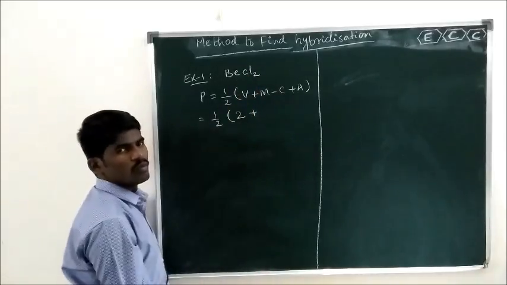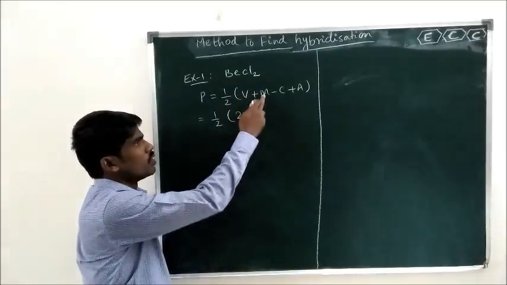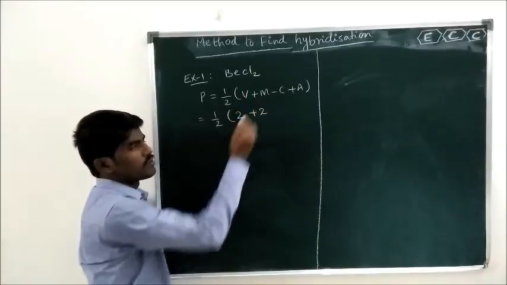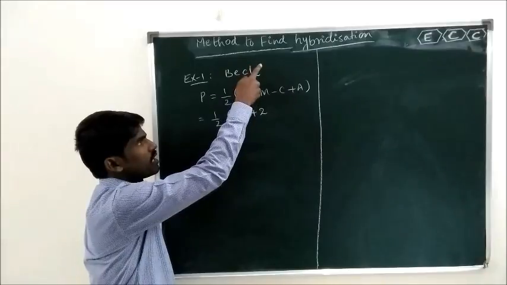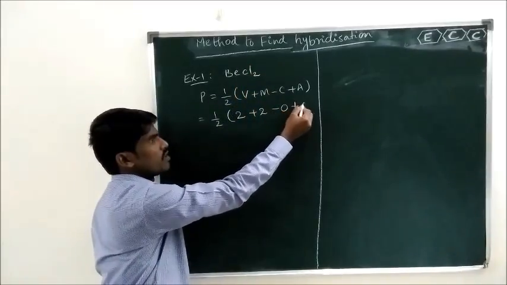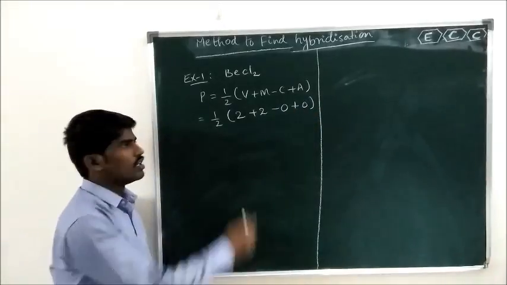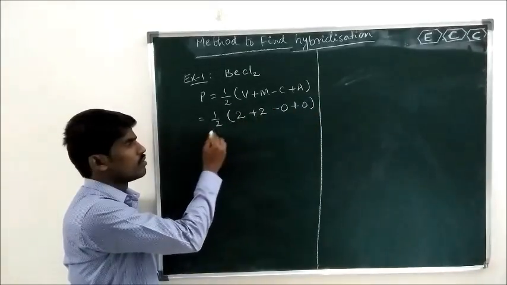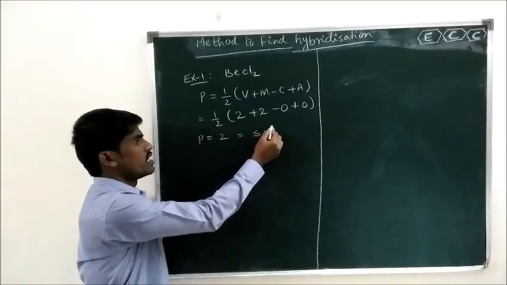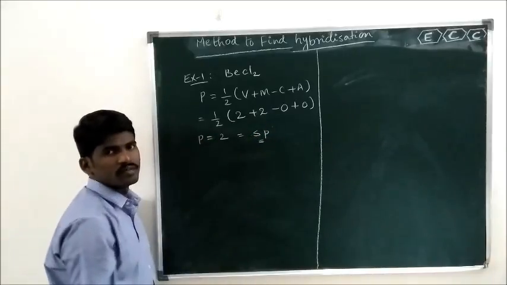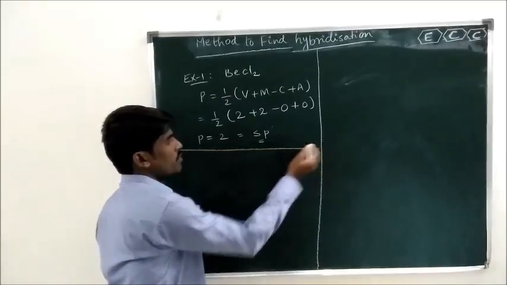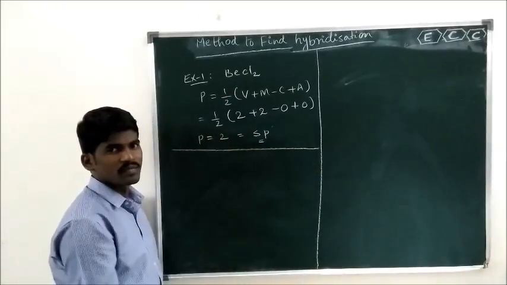Chlorine is an example of a monovalent atom. How many monovalent atoms are there? 2 monovalent atoms are there, so it is 2 plus 2. No charge on cation, no charge on anion, so C is equal to 0, A is equal to 0. 2 plus 2, 4. 4 by 2, 2. So we got a P value of 2. Hence hybridization is sp. Right? This is the way to find out hybridization in a short way.